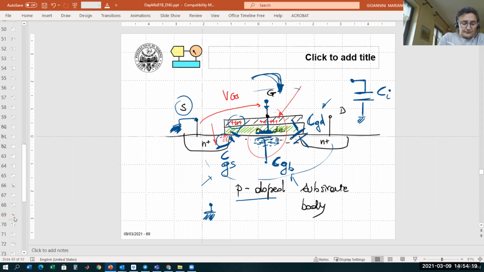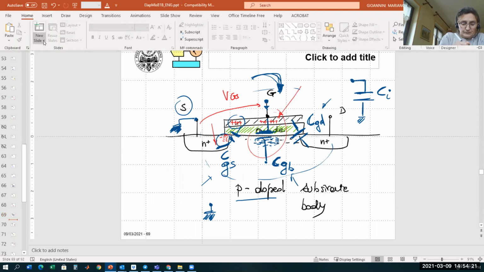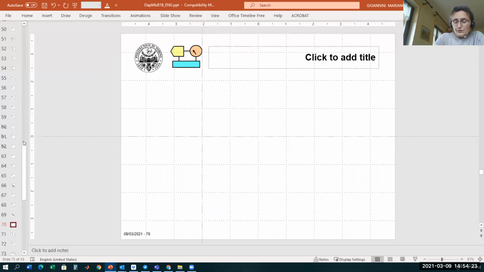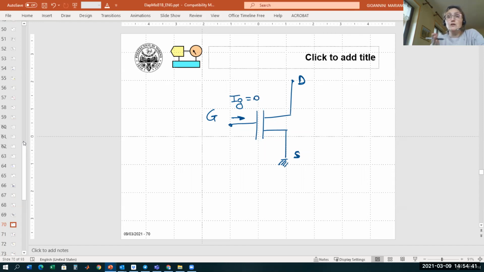Indeed, if you have a MOS, so this is our gate, this is the source, and this is the drain, this current here, I_G, is always 0 because we cannot have current there because there's the oxide which is isolating in between.